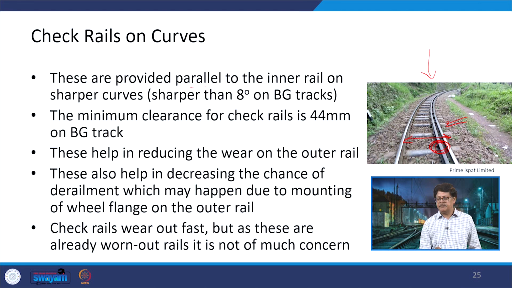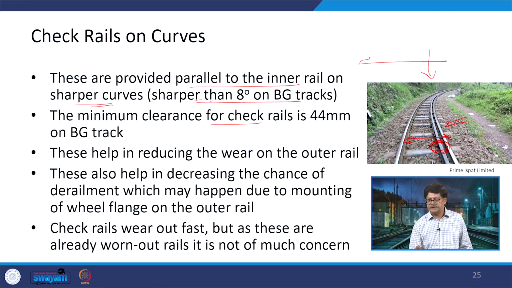These are provided parallel to the inner rail on the sharper curves, sharper than 8 degrees on broad gauge tracks. If it is not sharper than 8 degrees, then there may not be a requirement of providing these check rails. The minimum clearance of the check rail is 44 mm. That means the 2 rails which are being provided side by side.